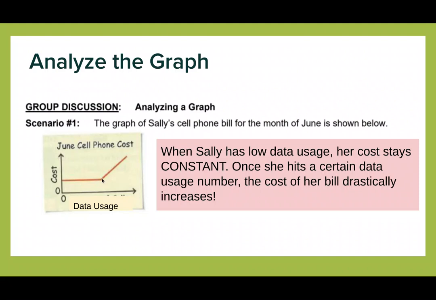You might ask yourself, what happened to make the cost of her cell phone bill go up so much based on her data? Maybe she went over her plan, so maybe she doesn't have unlimited data. Once she hit a certain point of data usage, her cost drastically increased. Maybe she went over her limit. So that's the story this graph is telling.